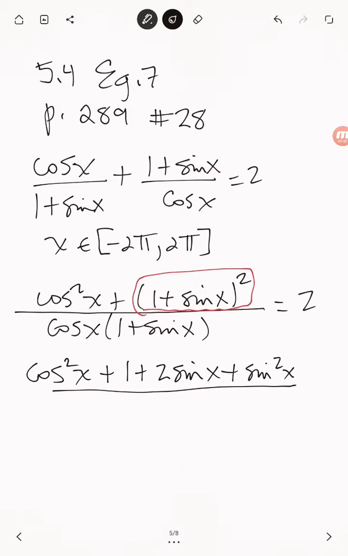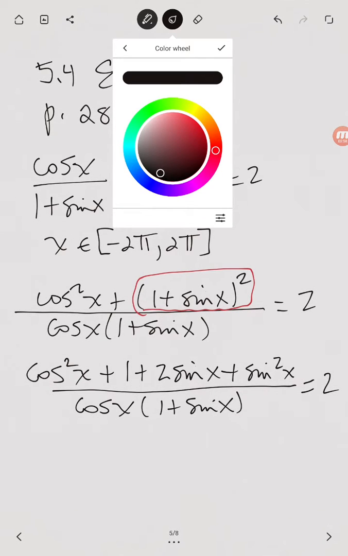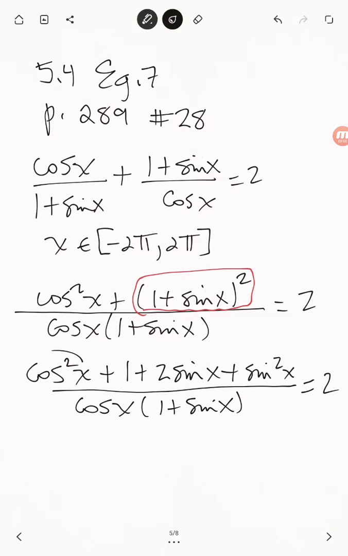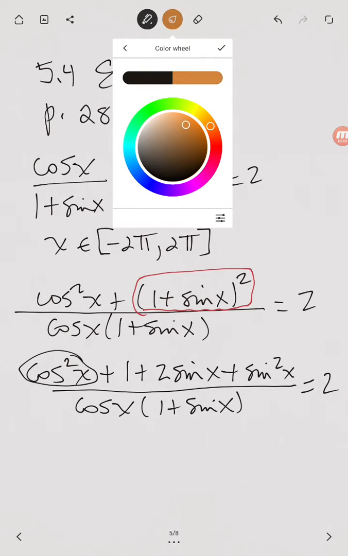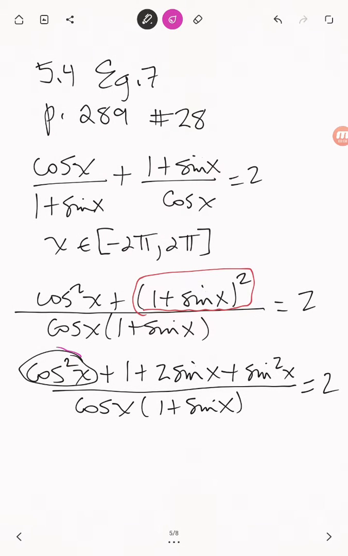And let's just keep the denominator the way it is and not expand it, because we want to see if perhaps at some point we might be able to reduce something. So don't expand the denominator. On the top now, if you take a close look, you will see that we have a convenient identity that we can replace. Okay, let me get my pink.